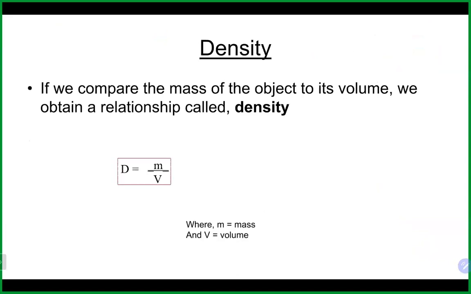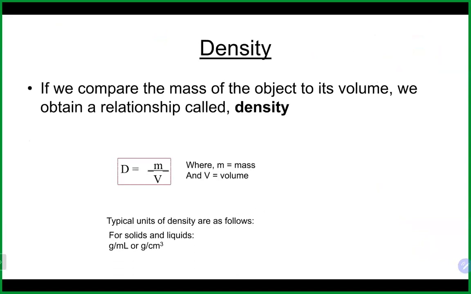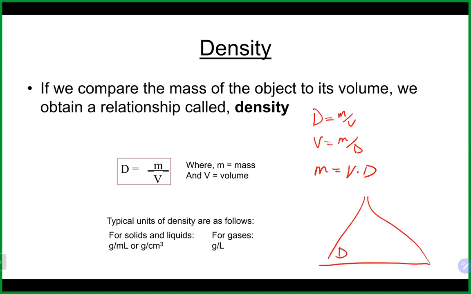When we talk about density, there is a formula for density, which is density equals mass divided by volume. That is a formula that you do need to know, and you need to know how to properly rearrange it. Volume would be mass divided by density, and mass would be volume times density. Sometimes people remember this with the DMV triangle.